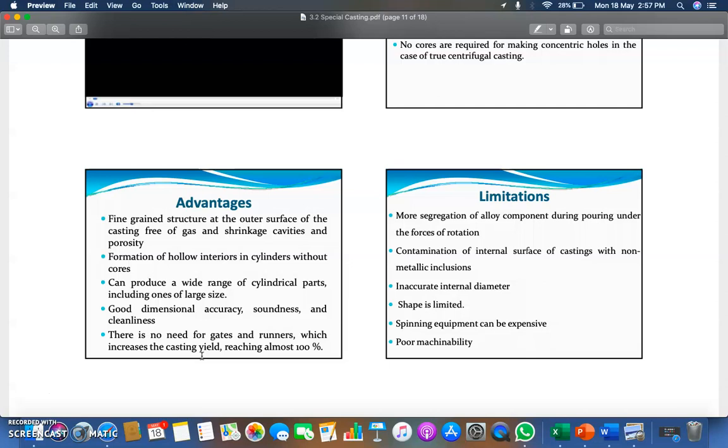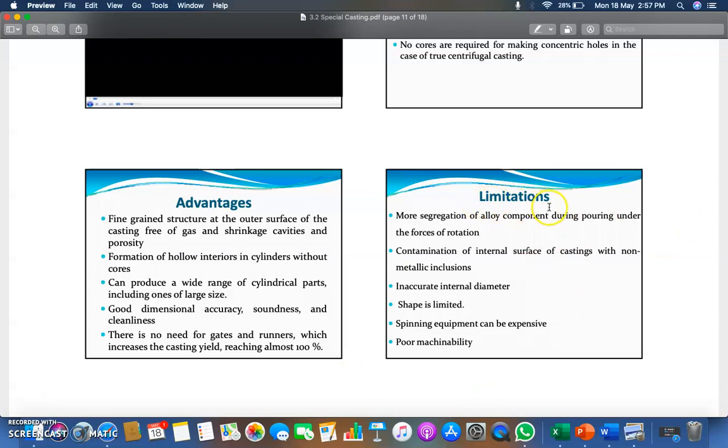Suppose you started with 100 kg of pouring material and at the end you get 80 kg of your original parts, so that is 80% casting yield, but here the casting yield may reach 100% in many cases. So this is very effective in terms of wastage of material.